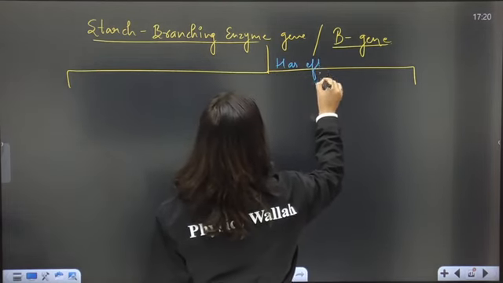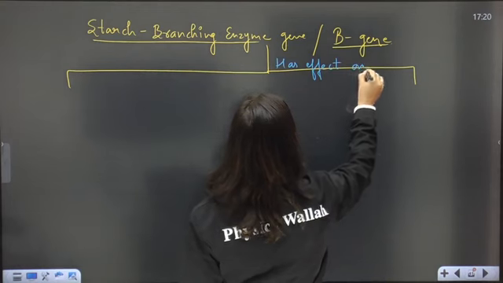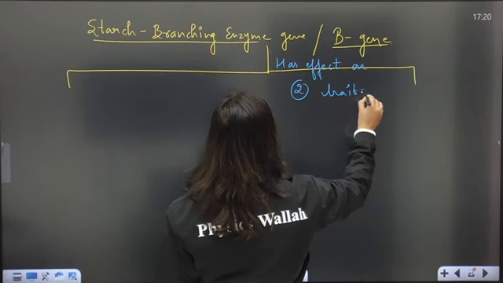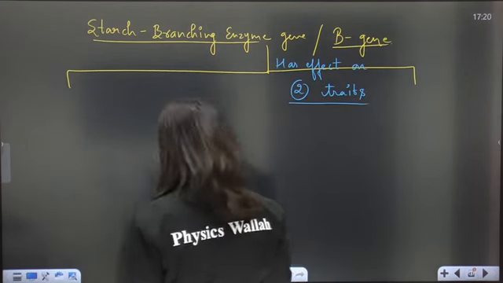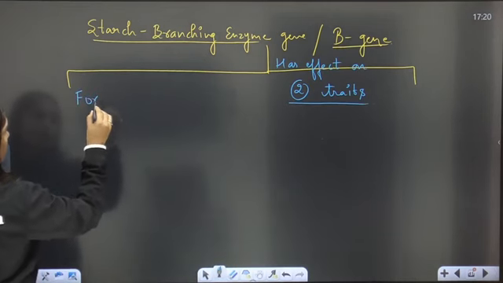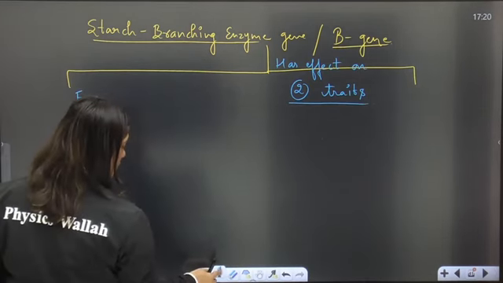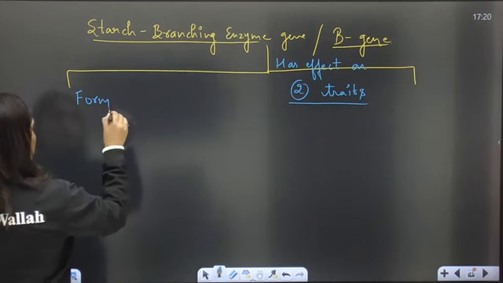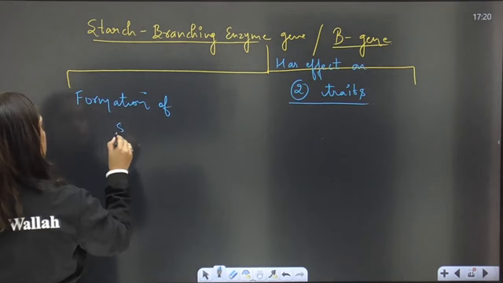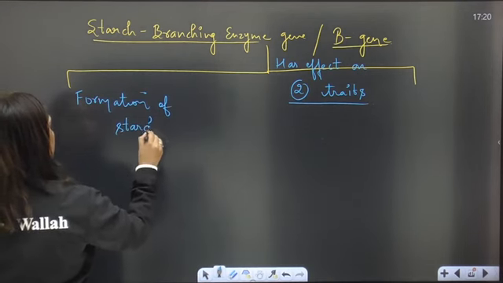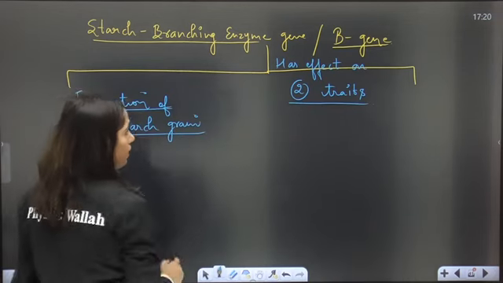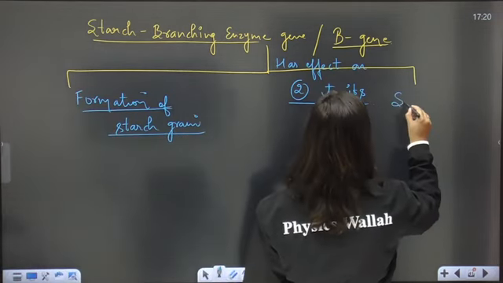Effect on two traits. One is formation of starch grain or size of starch grain, and the other trait it is controlling is seed shape.